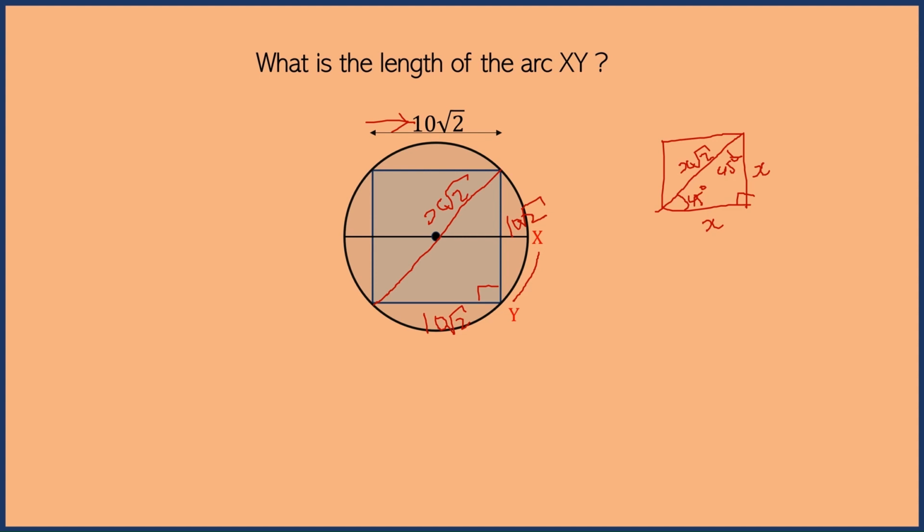Okay, so that means that our x root 2 in this case is going to be equal to what? 10 root 2 times root 2, which is going to be equal to what? 10 times 2, which is going to be equal to 20.